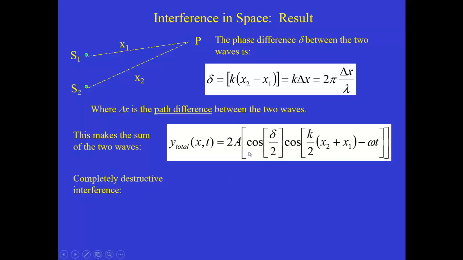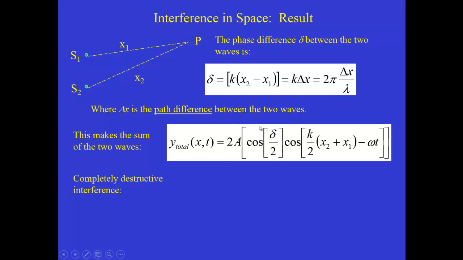If this cosine term is 0, then the net wave will be 0, and the two waves will interfere completely destructively. So in other words, at special points P, even though you're getting waves from both sources, you would end up with a net wave of 0. And that would be a location in space where there isn't any sound. The amplitude is equal to 0. So mathematically, how does that work?